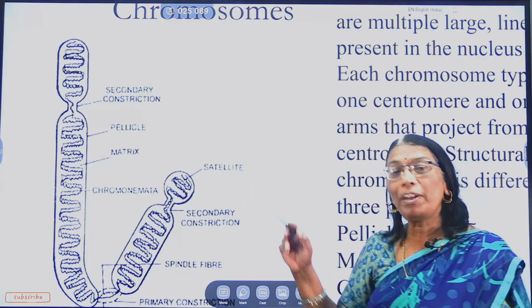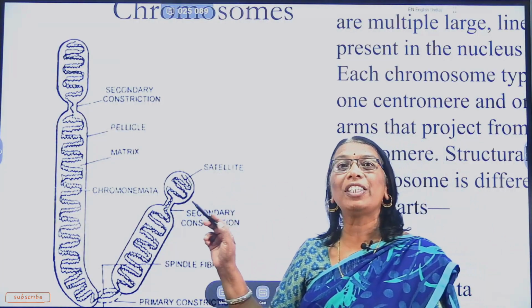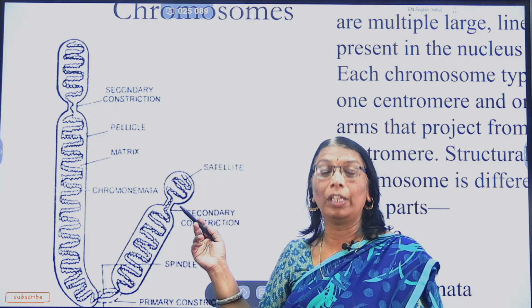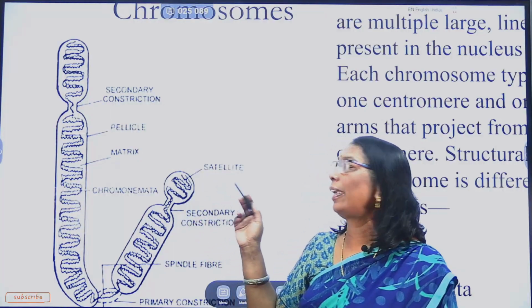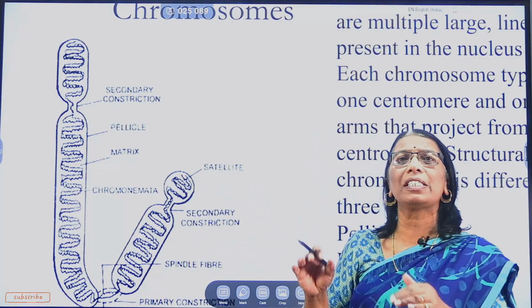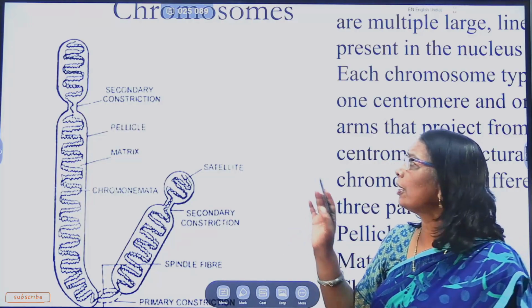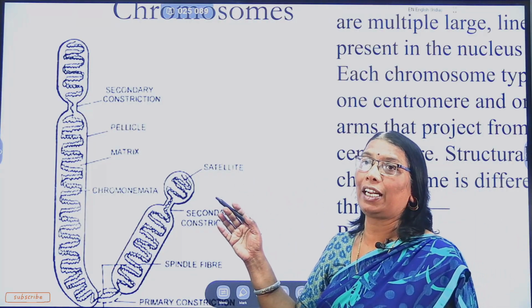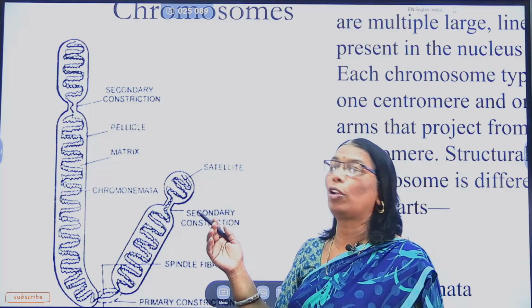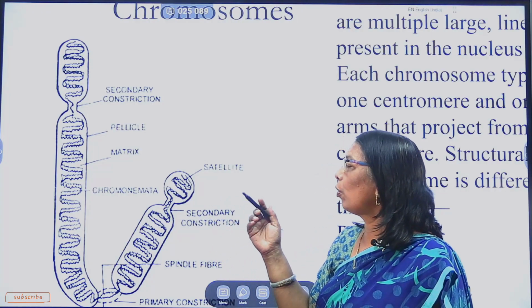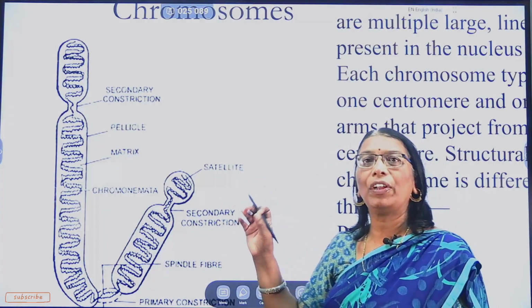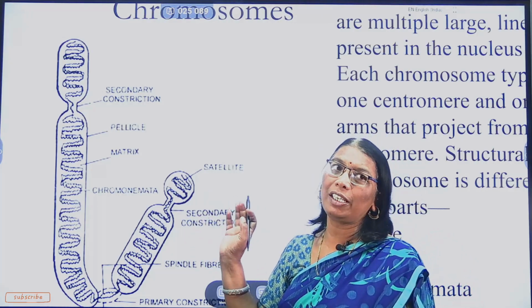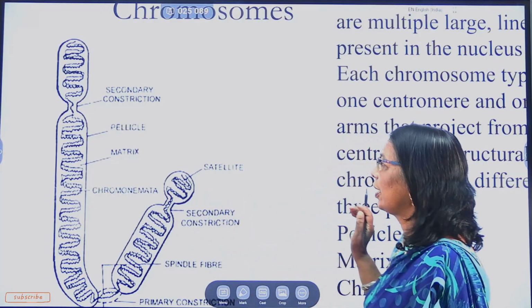When this globular structure is present, that chromosome is termed a SAT chromosome. Not all chromosomes present in the cell have a satellite or are SAT chromosomes, but only the chromosomes having this specific globular structure, termed the satellite, are SAT chromosomes.